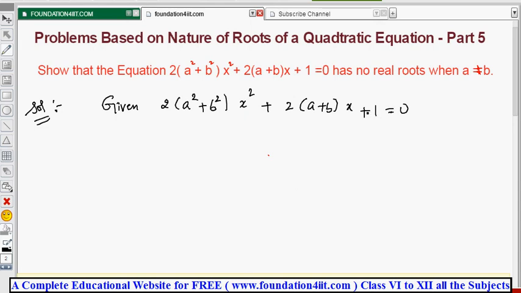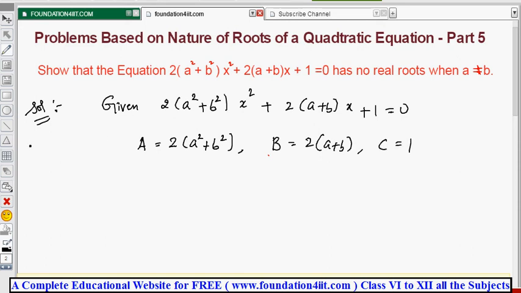Since small a and small b are already there, let us take the general form as capital A x² plus capital B x plus C, where A is 2(a² + b²), B is 2(a + b), and the constant is C.